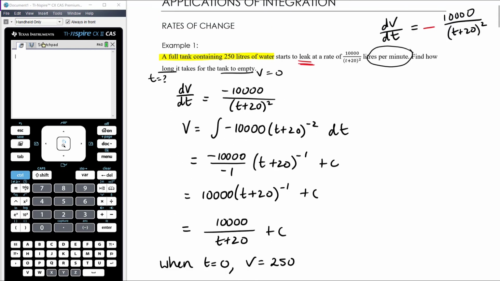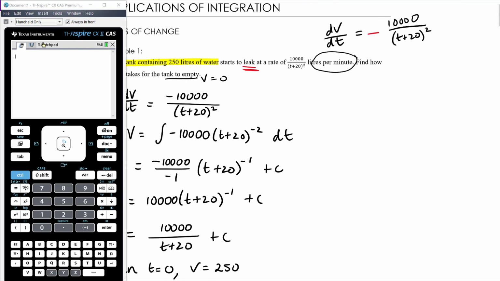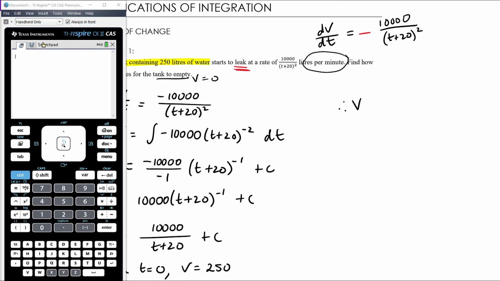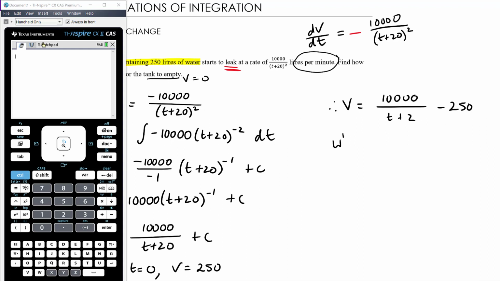Okay, so therefore, let's come back up here. So therefore, V is equal to 10,000 over (t plus 20), so we've got our equation for V here, but now we know that c is negative 150. So we want to find out how long it takes for the tank to empty. Okay, so we want to know when V is equal to 0.